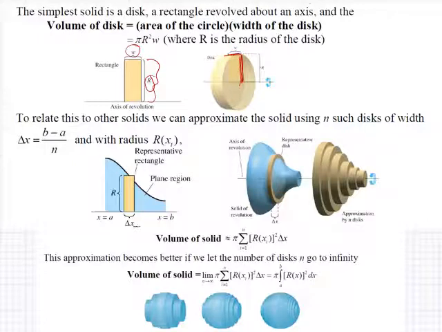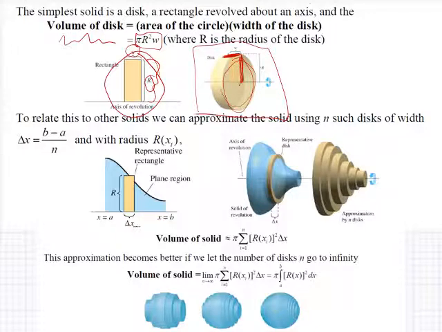And so the disk is basically just a cylinder turned on its side, and the volume of the cylinder should be the area of the base, so the area of the circle times the thickness, which is the width. Area of the circle is pi r squared, so if we use pi r squared W, that should give us the volume of the disk.